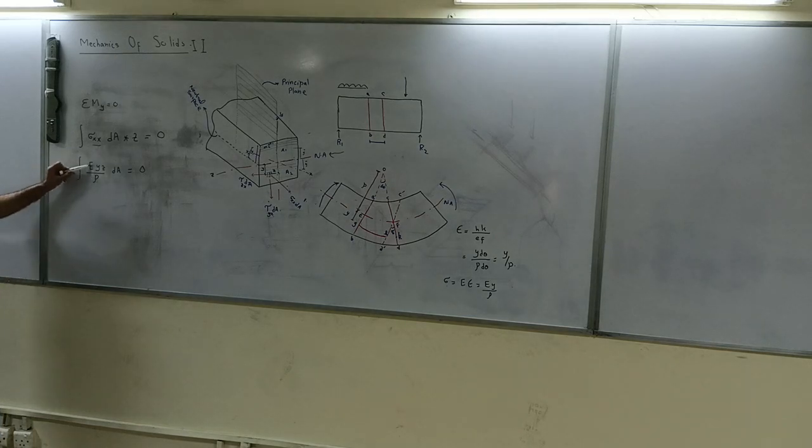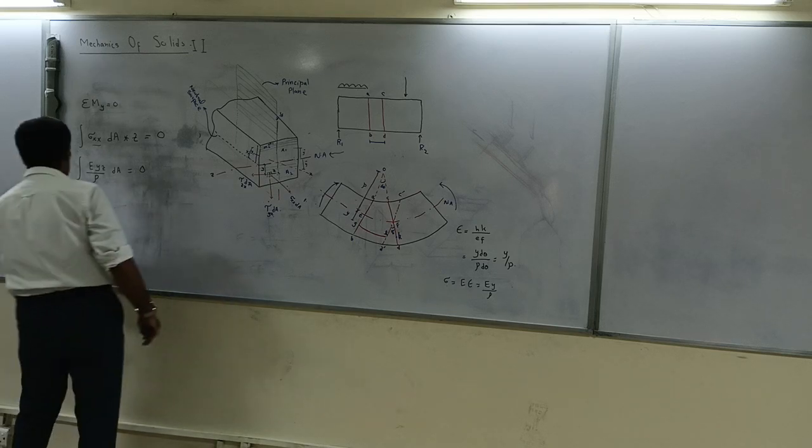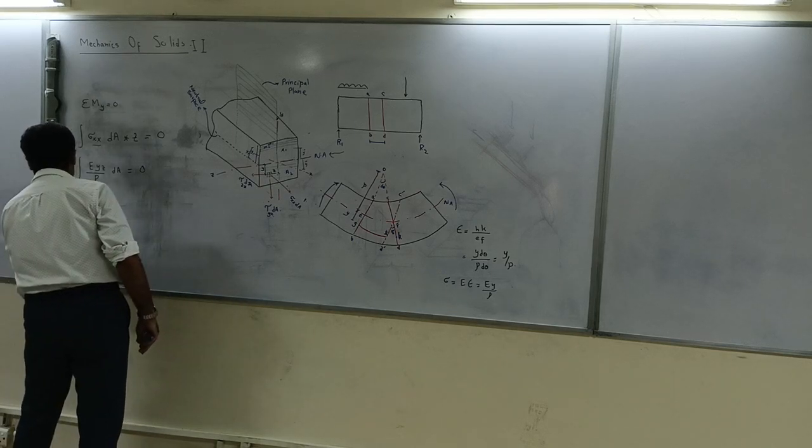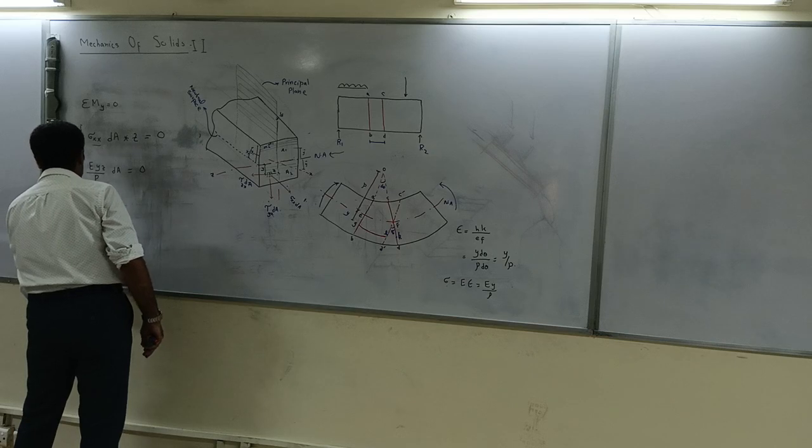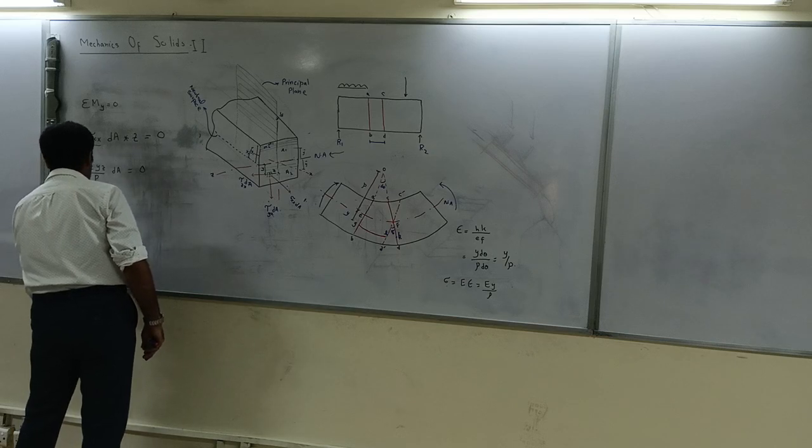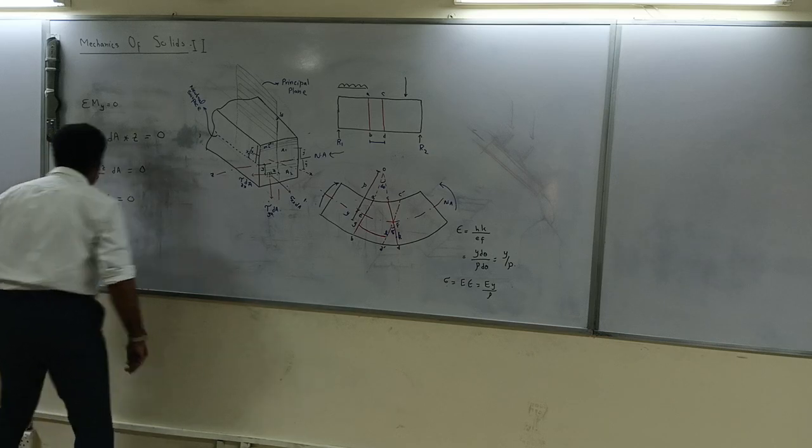What can come out of the integral? The integral is dA dependent, so E and rho can come out. Y and z are dimensions of area, so they will stay inside. So E by rho times the integral of y z dA must be equal to 0.